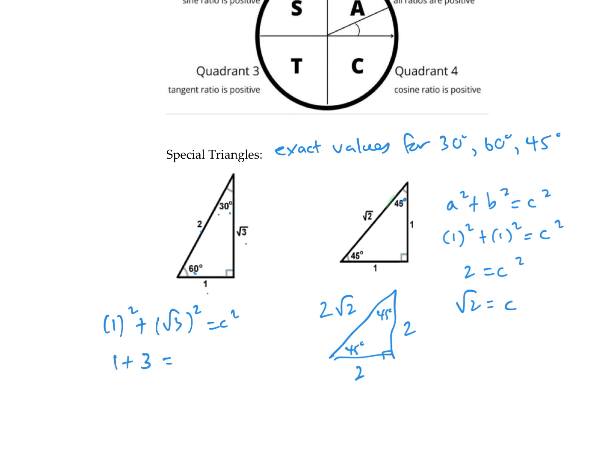Root 3 squared is 3, which is 4. And so c, the hypotenuse, is 2. So we can use this information. We can use the CAST rule. We can use the special triangles to find values or ratios and also the angles.